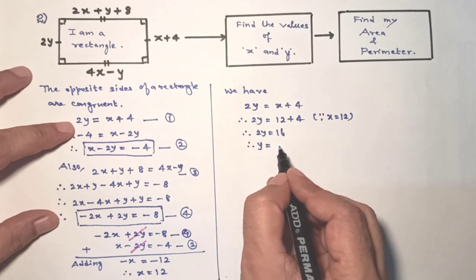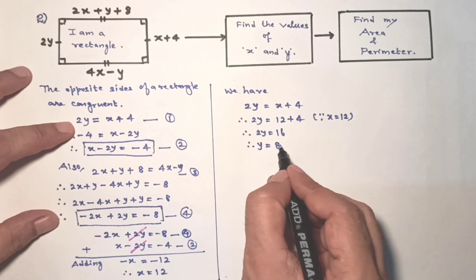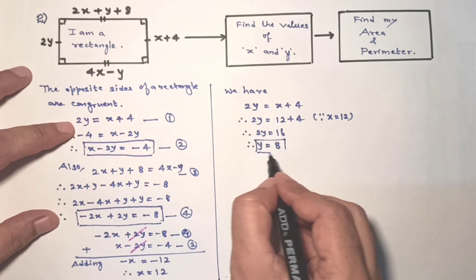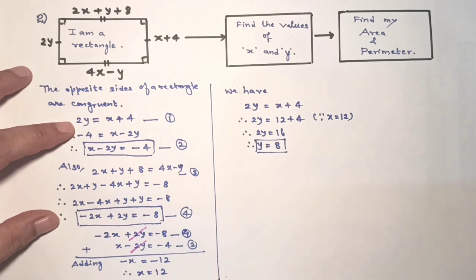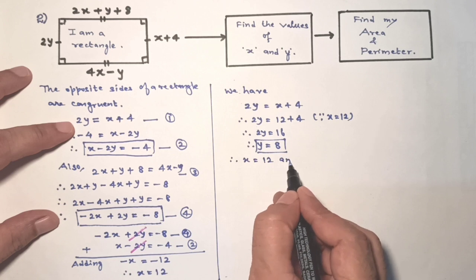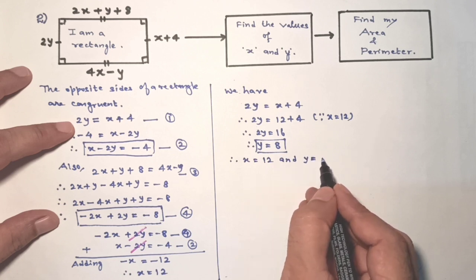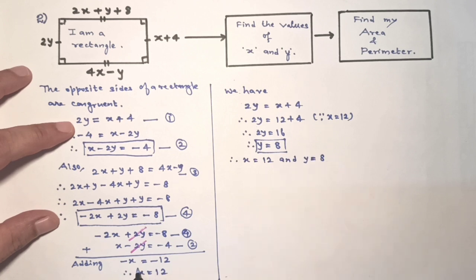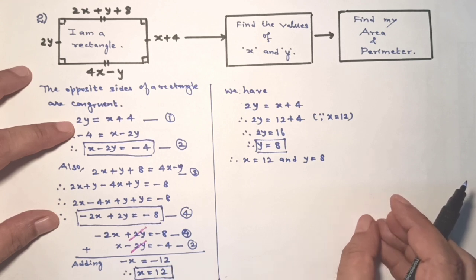Therefore y is equal to 8. So you got y is equal to 8. So thus you got x is equal to 12 and y is equal to 8.